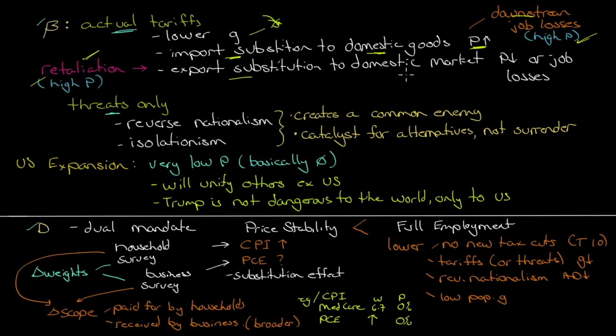Export substitution to the domestic market. If you have retaliation, you're going to get lower demand. We're already seeing it in Tennessee and in California coming out of Canada. The reduction in ordering, the switch in Canada, the patriotism that's arisen in Canada to buying anything but US is showing up.